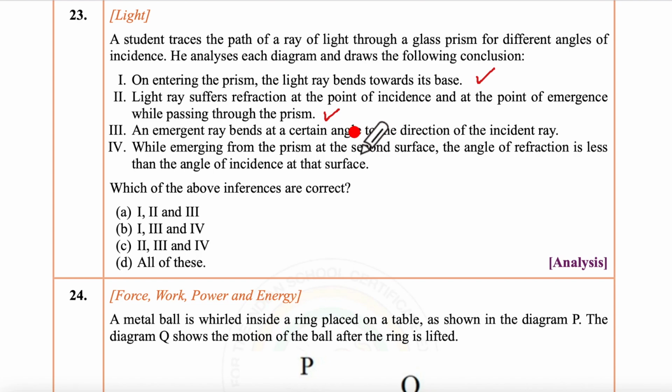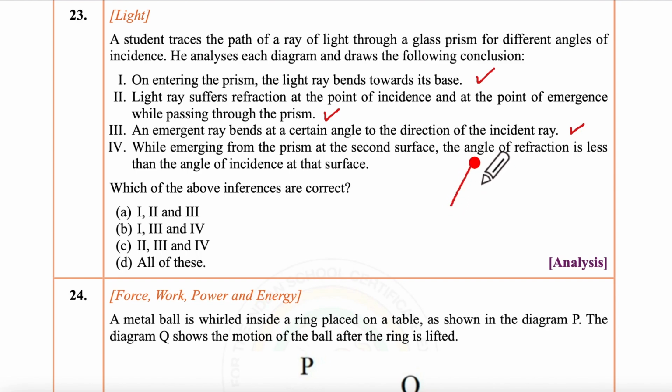An emergent ray bends at a certain angle to the direction of the incident ray, which is the angle of deviation. This is also correct. And while emerging from the prism at the second surface, the angle of refraction is less than the angle of incidence.